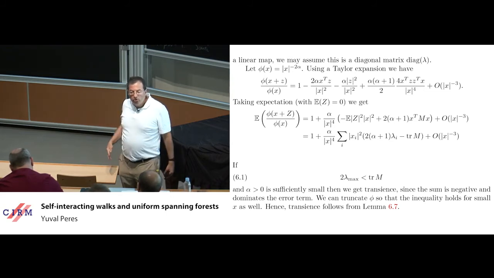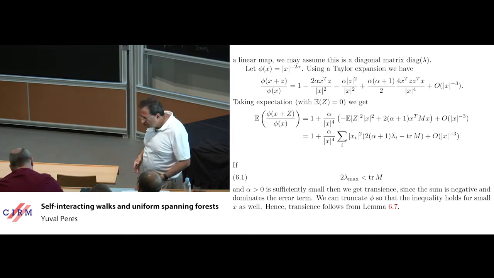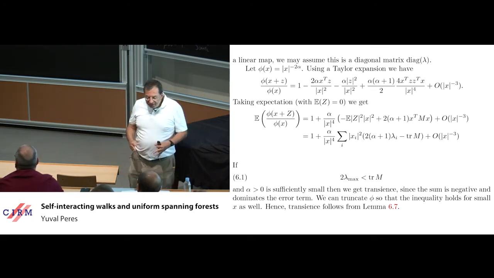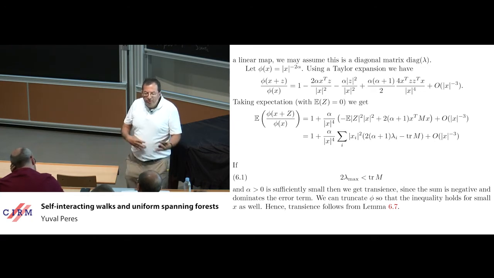The more general question, I can't say really it's a conjecture, is: is this criterion sharp? Namely, if you cannot find such an A, does that imply that there is an adapted walk based on these measures which is recurrent? So this we don't know.